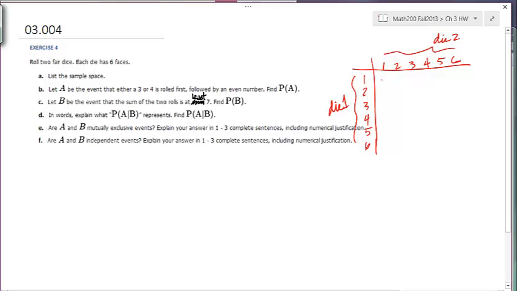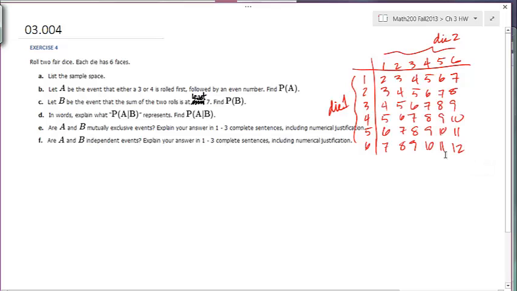So the sum would just be 2, and then 3, 4, 5, 6, 7, etc. So we can just fill in the rest of this table.